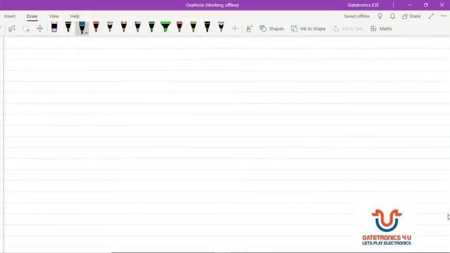So far, we have seen that if the temperature of the semiconductor, that is capital T, is increased beyond 0 Kelvin, then two types of particles have been produced.